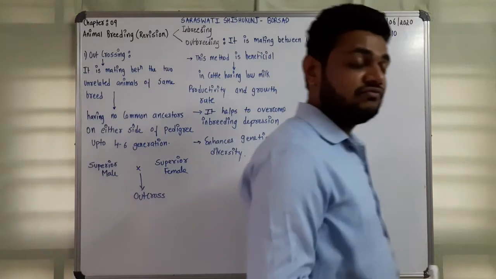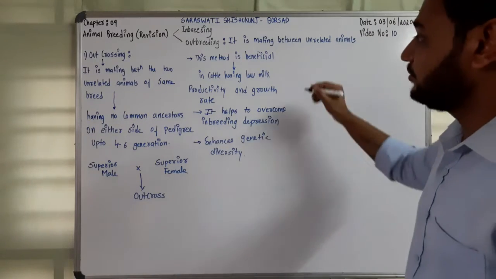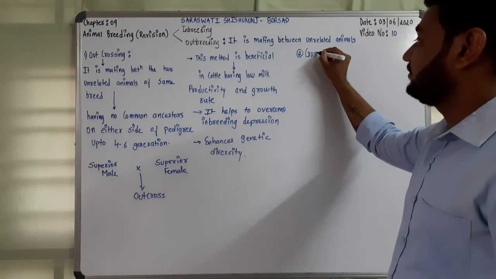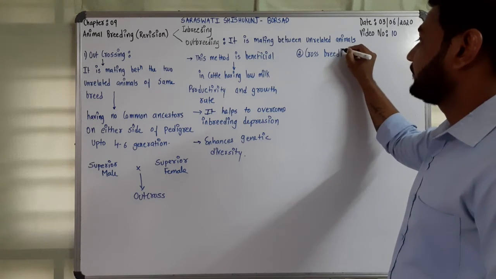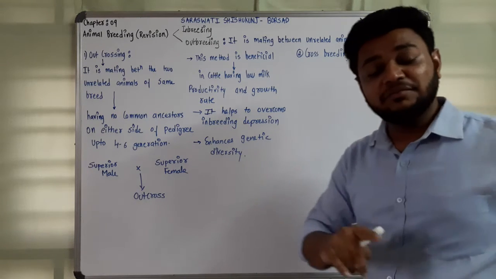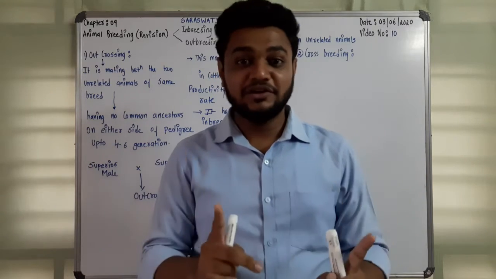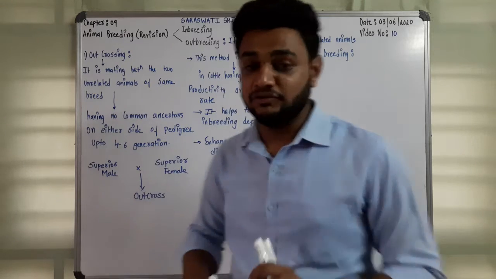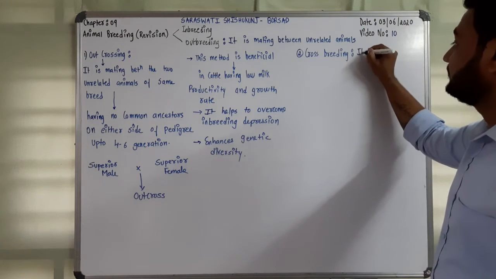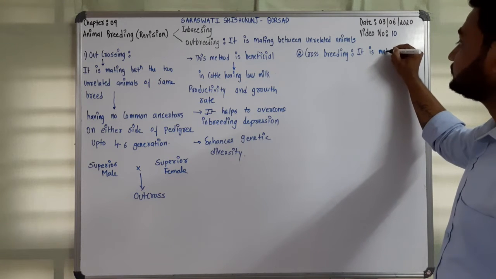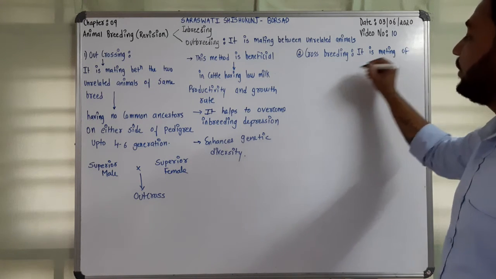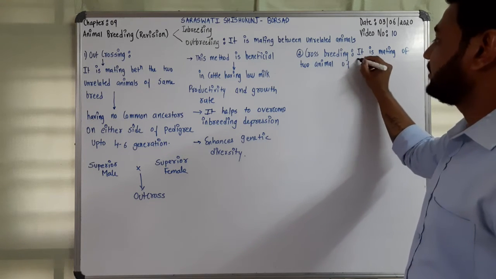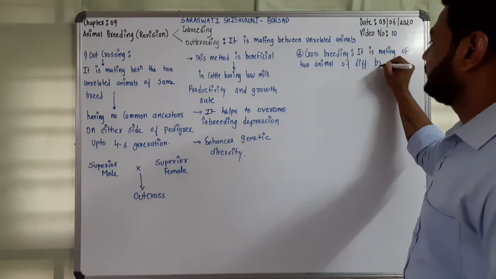Now the next method is crossbreeding. The second technique is crossbreeding. It is the mating between animals of two different breeds. We will understand it with an example. It is mating of two animals of different breeds.